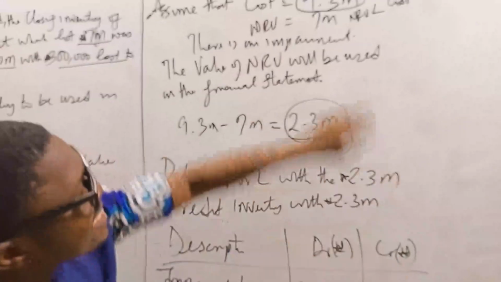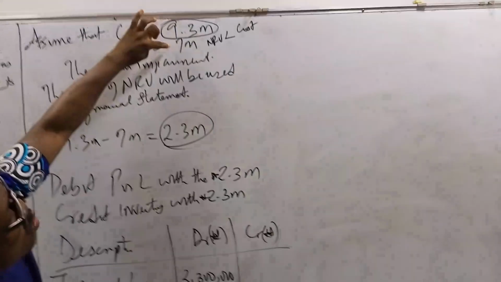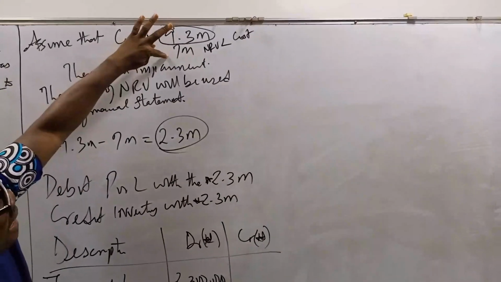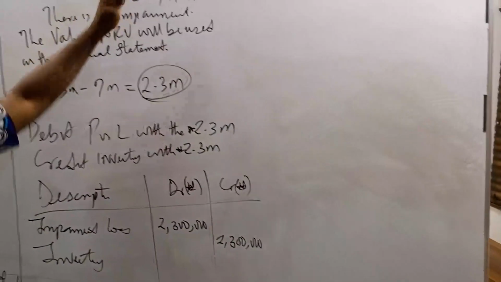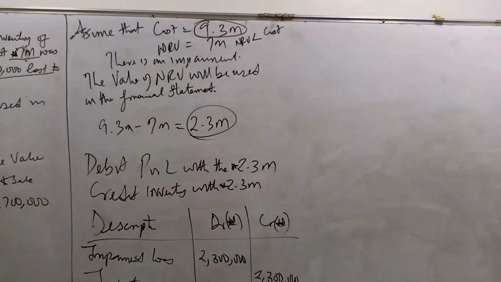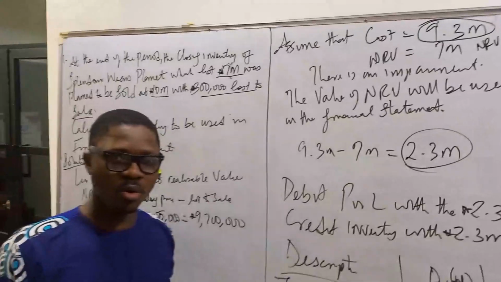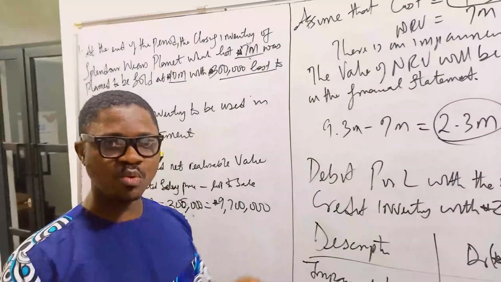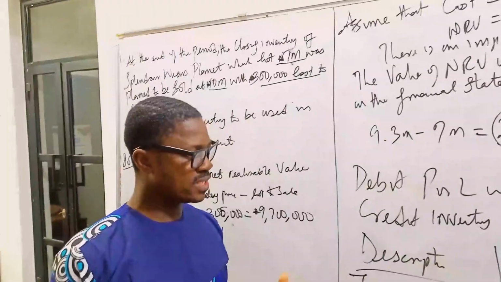By crediting the inventory with the 2.3 million, the debit balance of inventory will be the 7 million, which is what we will have in the statement of financial position of Splendor West Planet. When we get to impairment of IAS 36, we will explain more in detail.